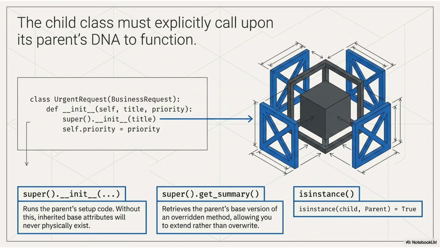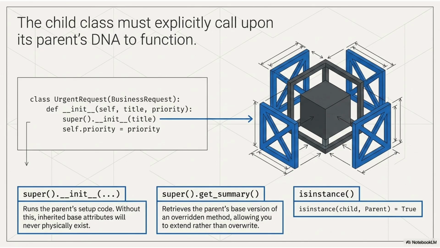You must call it explicitly with super().__init__(title, priority, department). This ensures that UrgentRequest instances get all the base attributes, self.title, self.priority, self.status, set up correctly.